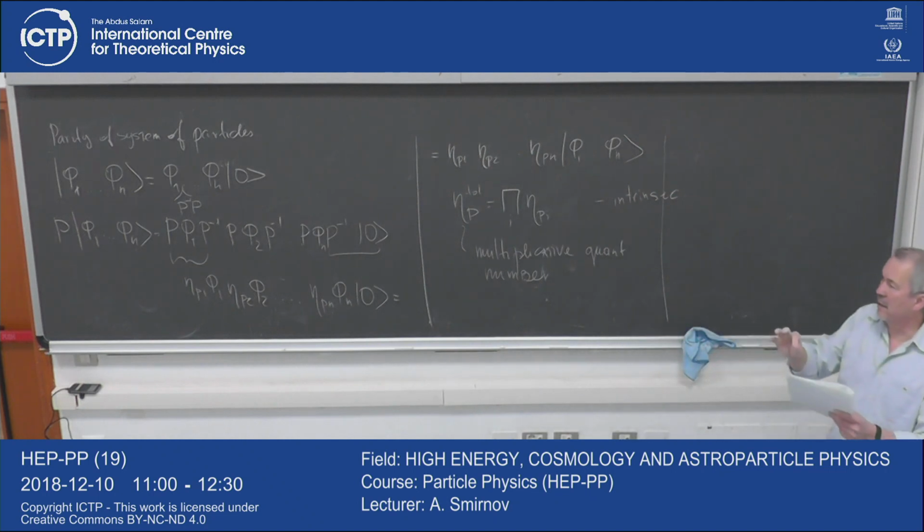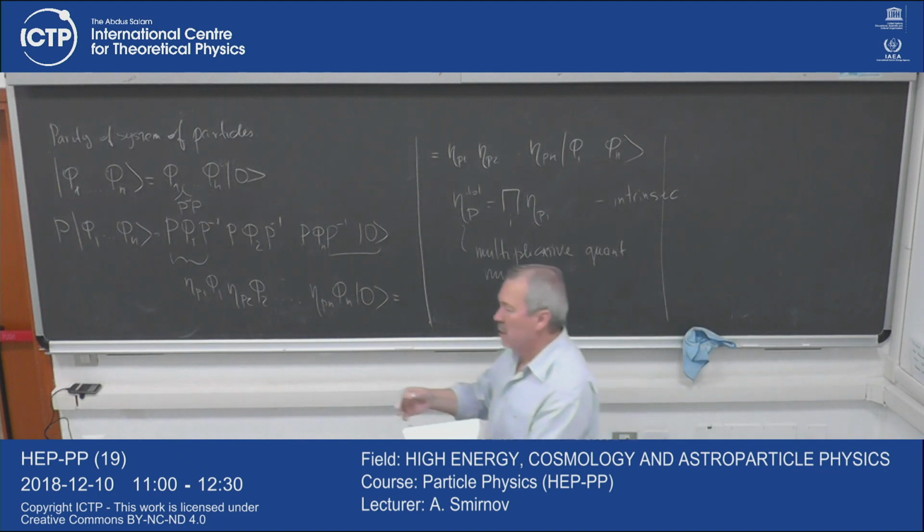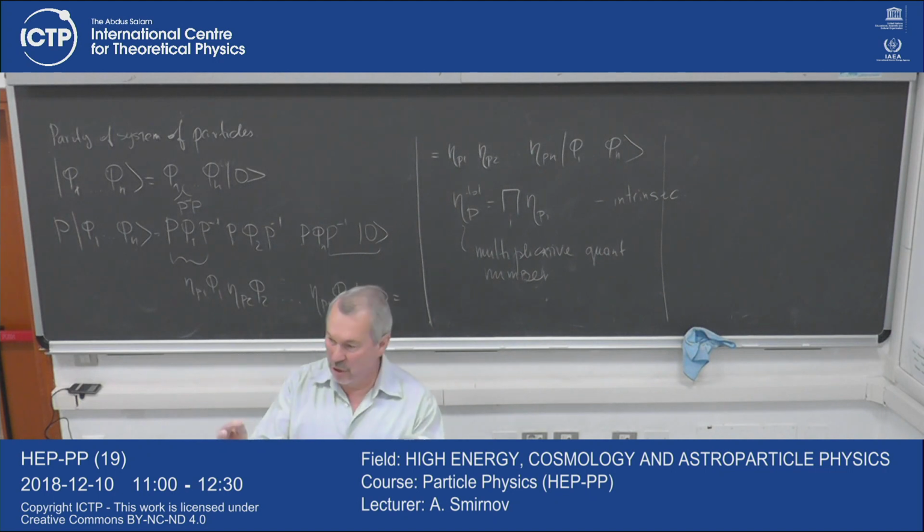The point is that we have a system of particles which may be in some orbital motion, so they're moving around each other. And under reflection of coordinates, also the wave function which describes this relative motion of these particles in configuration space may change the sign.